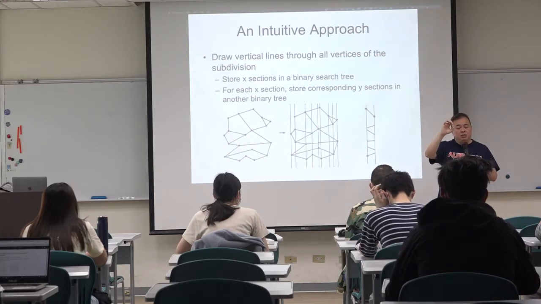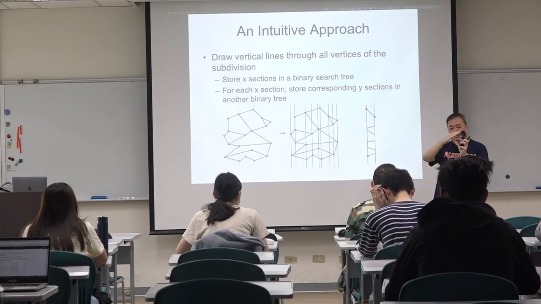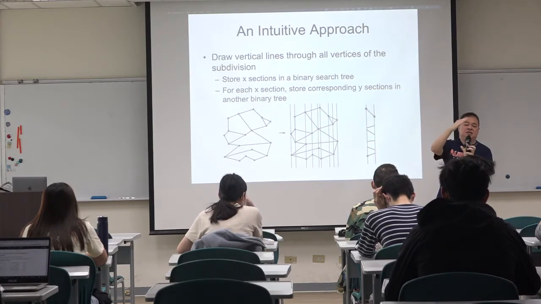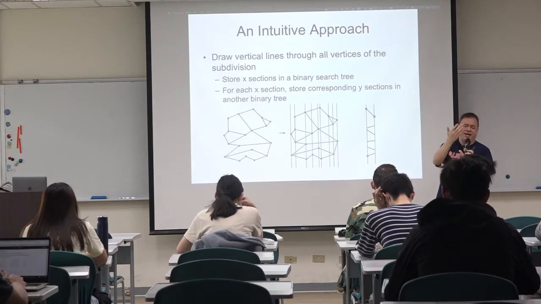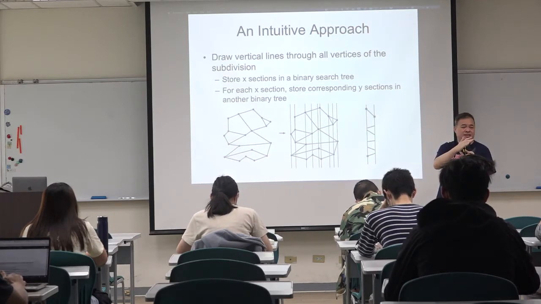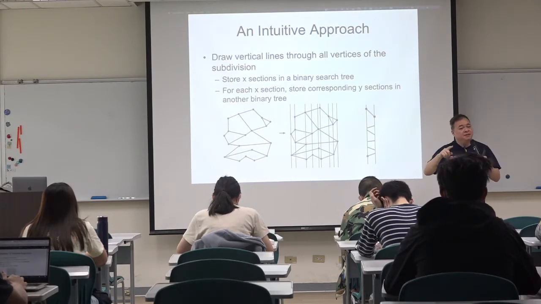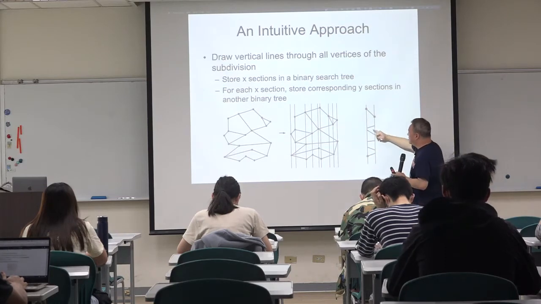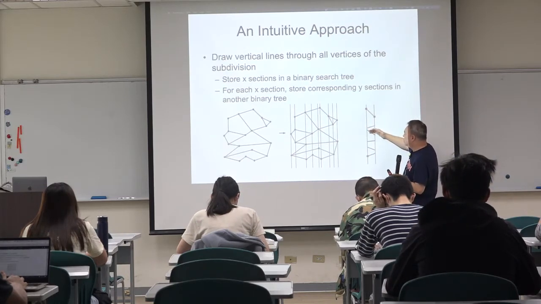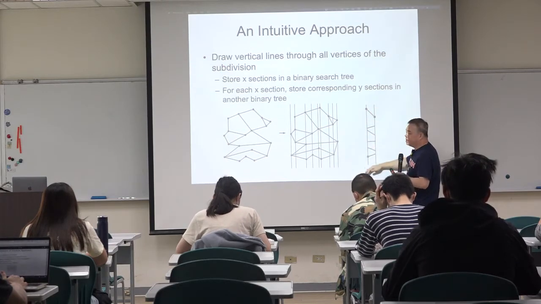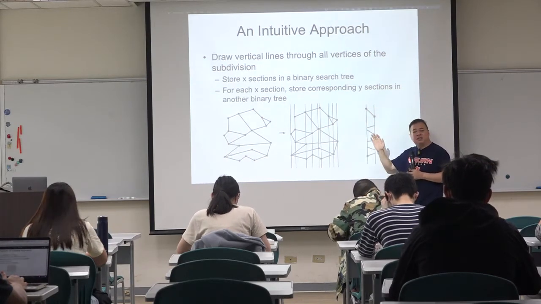You just compare this segment and your query point to see if the query point is above the segment, below the segment, or happens to be on the segment. Then you know where to go. If it's above this segment, you go to, let's say, the right subtree. If it's below, we go to the other subtree.